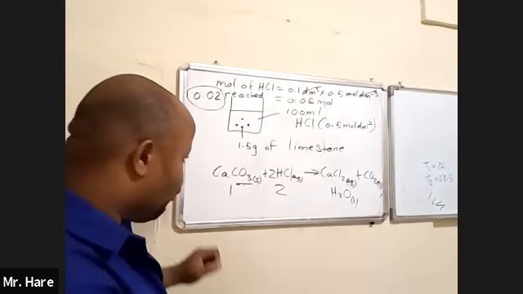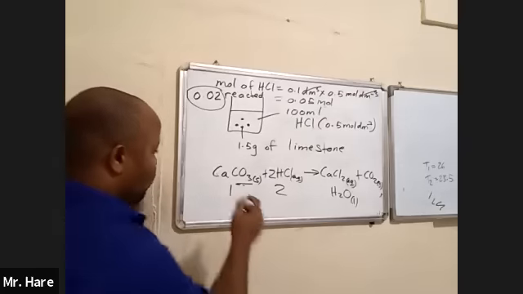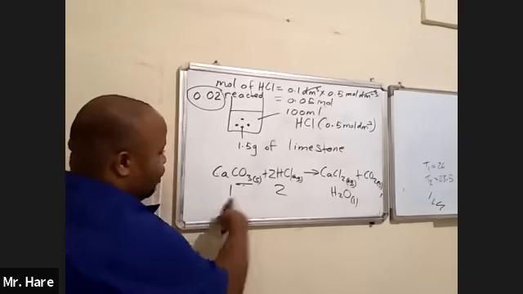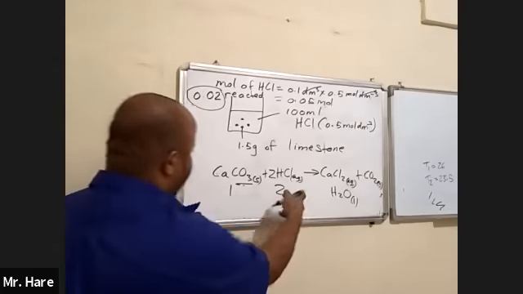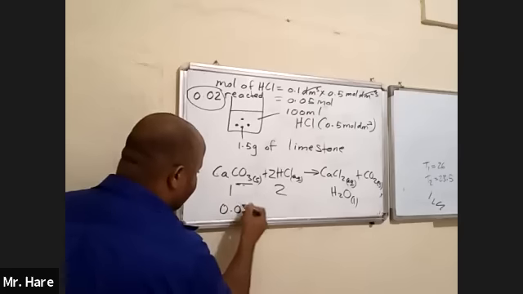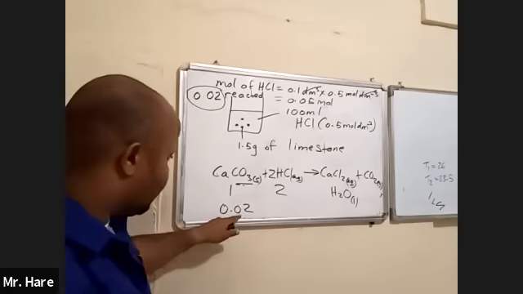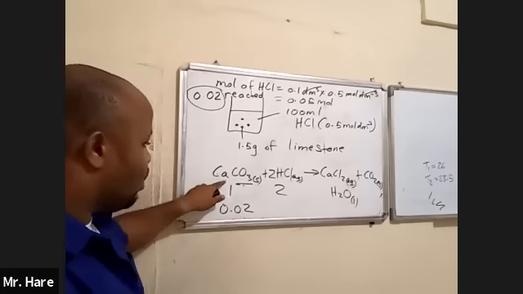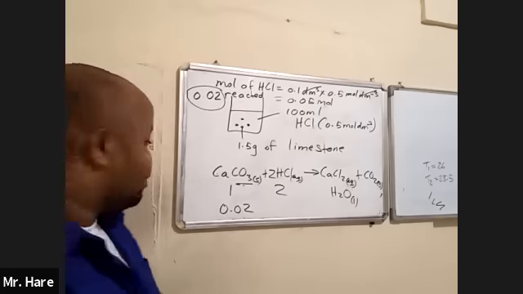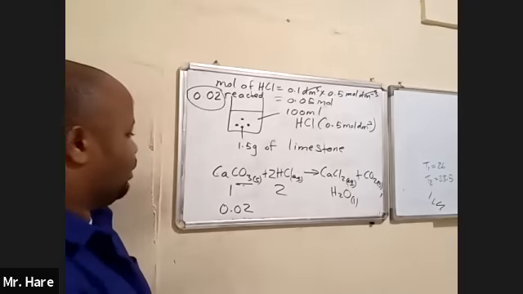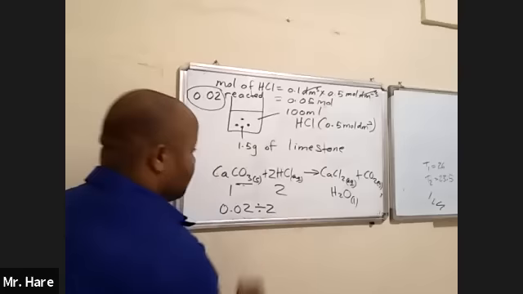Then you use the mole ratio to find the moles of calcium carbonate. Exactly. So 1 mole of calcium carbonate reacts with 2 moles of HCl. So if you know that 0.02 moles of HCl reacted with the calcium carbonate, how would we get the mole of calcium carbonate? Divide that by 2.